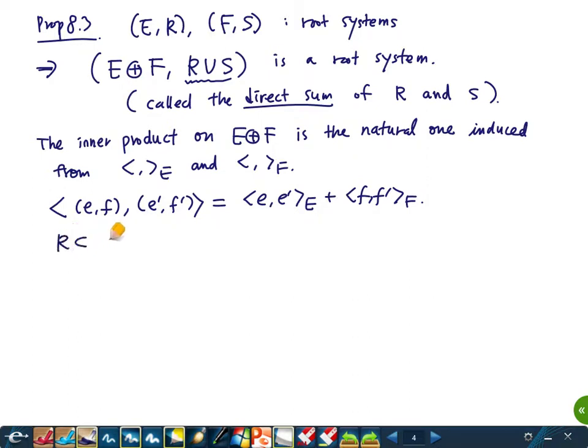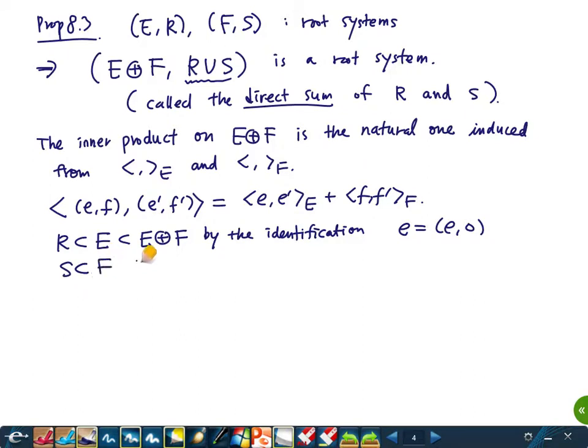R is a subset of E, but it naturally lives in the direct sum by the identification (E, 0). Thus we have a zero component for F. And of course, S also lives inside this direct sum.